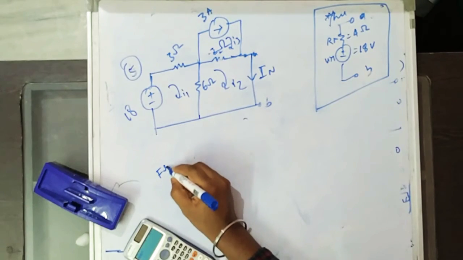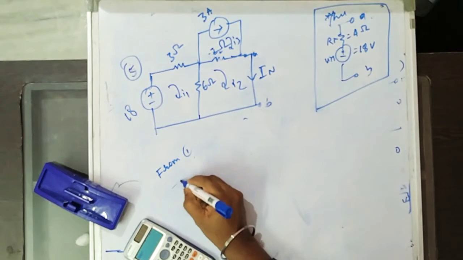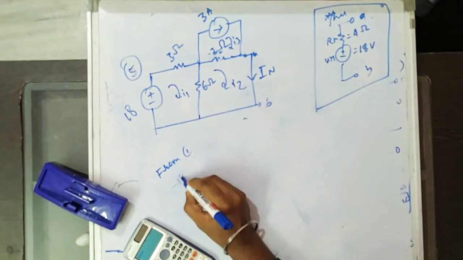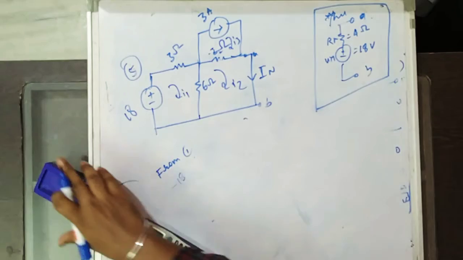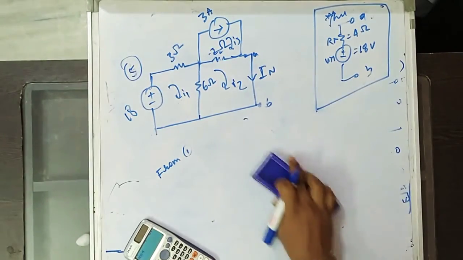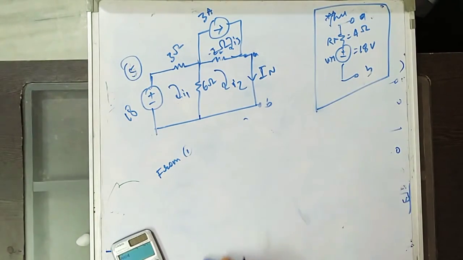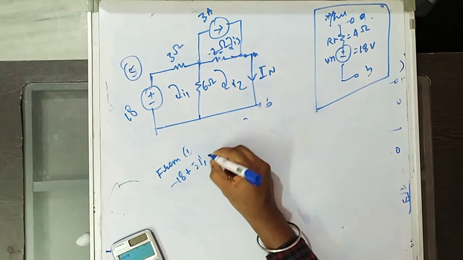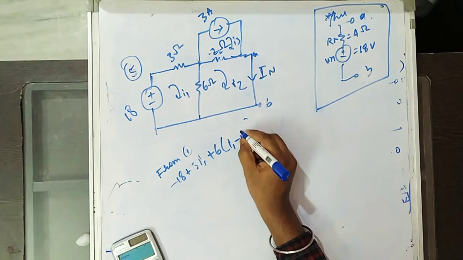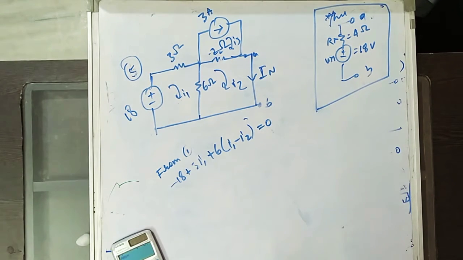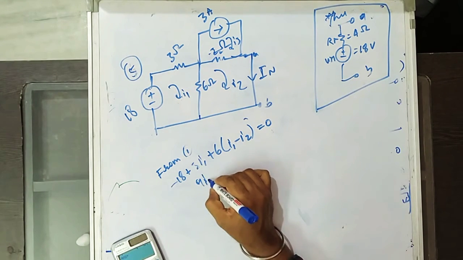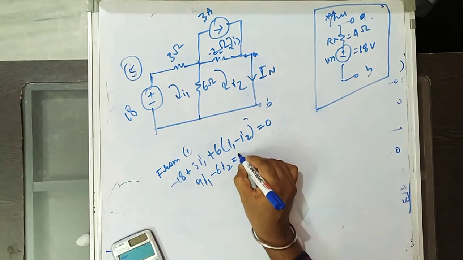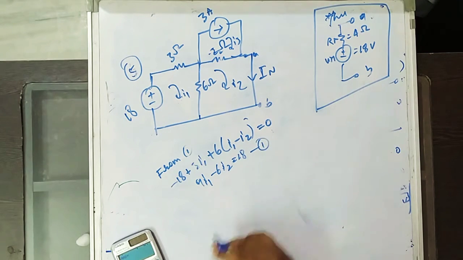From loop 1 we have minus 18 plus 3I1 plus 6 into (I1 minus I2) equal to 0. So we will get 9I1 minus 6I2 equal to 18. This is loop 1.